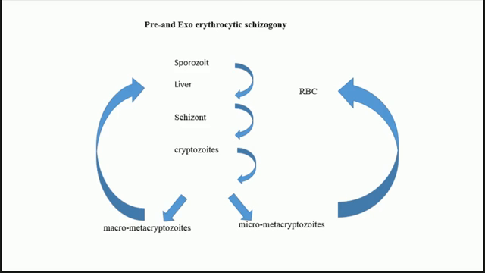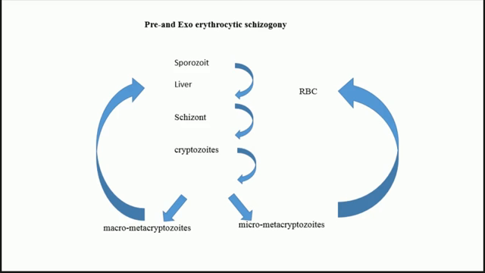And then when they come out of the hepatocyte cell, they are of two types. One type is called macro-metacryptozoite and another type is called micro-metacryptozoite. We have already seen that macro-metacryptozoite infects the liver cell again, and micro-metacryptozoite goes towards the RBC.